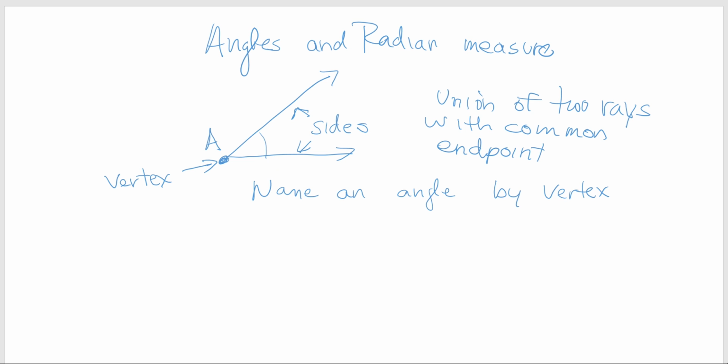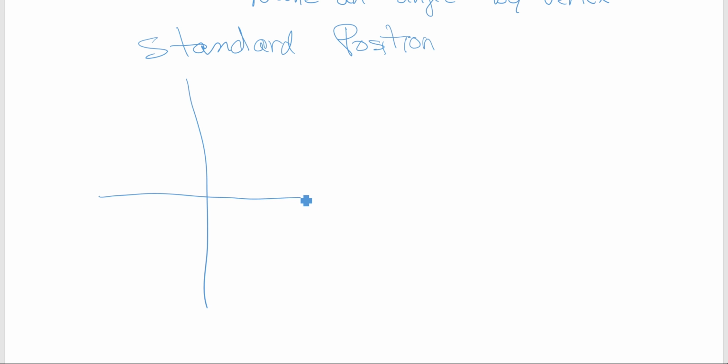Now, when we talk about an angle, you frequently see an angle being in standard position. And when I talk about an angle being in standard position, what I'm doing is I'm placing it in my coordinate plane, and I'm placing that angle in the plane so that the vertex is at the origin and one side is on the positive x-axis.